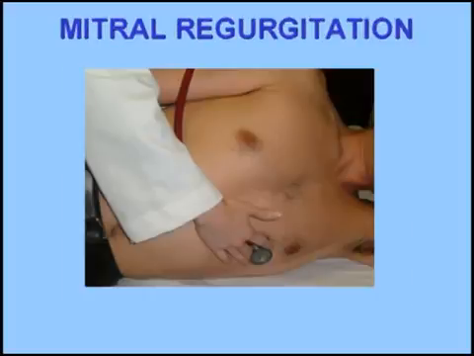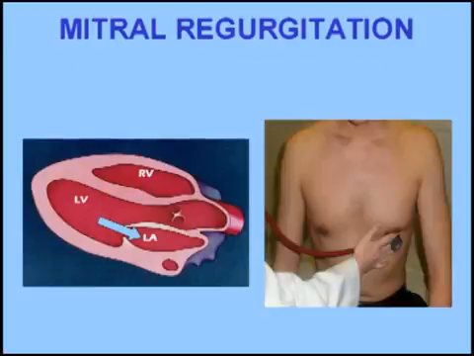This murmur is heard best at the apex, with the patient in the left lateral position. When the regurgitant jet is directed posteriorly, this murmur radiates towards the left axilla.